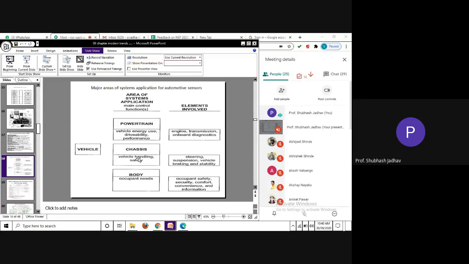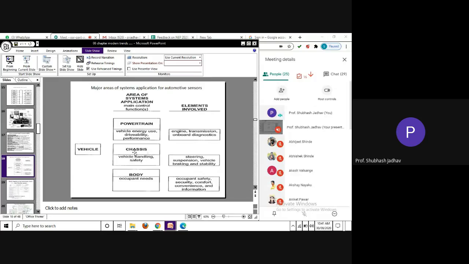Then when we talk of chassis related, we have handling. Handling means whether the stability of the vehicle is better, whether there is yaw. So we have different parameters related to the stability of a vehicle. We have sideways motion, we have backward and frontward motion, that is lift, drag, and so on.